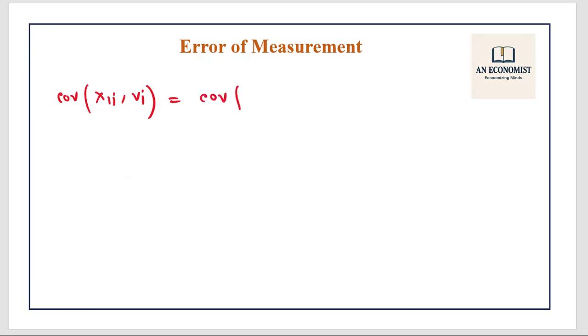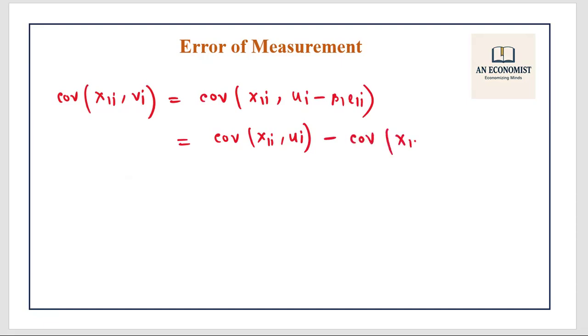So let us verify that: covariance of x1i and, instead of vi, you will write ui minus beta 1 e1i. Now what you will do is take the covariance separately: covariance of x1i, ui, minus covariance of x1i, beta 1 e1i.